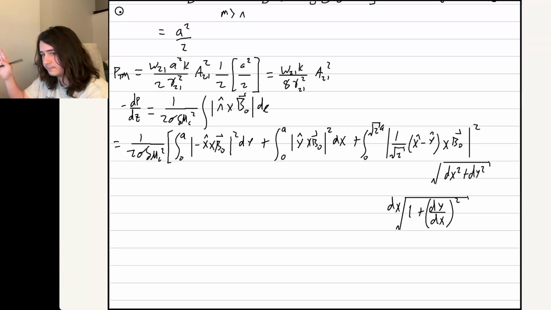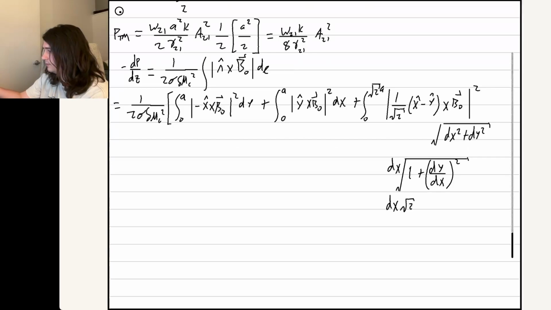Depending on how you're looking at the triangle, that's either a positive or minus 1, but either way it's going to square and make it positive, so it's just root 2 dx. And that's amazing, because now we can turn that integral into just a dx integral.